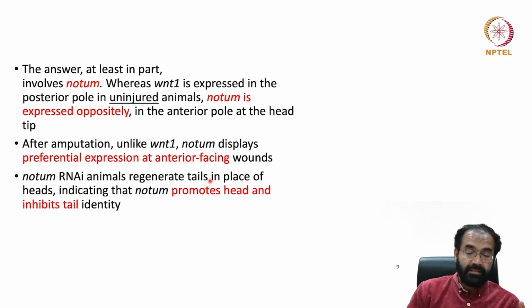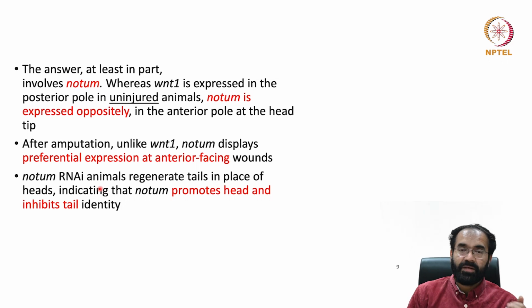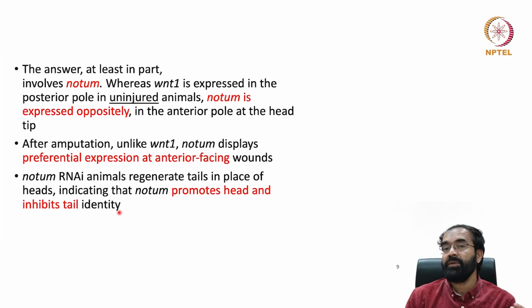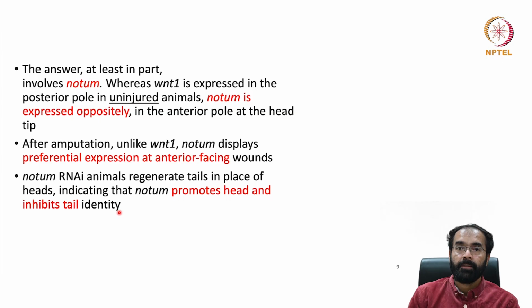And with Notum RNAi, if you get rid of Notum, animals regenerate tails in place of heads. That means Wnt is activated, wherever there is a wound. It is waiting for Wnt signaling to kickstart. But if Notum is not there to antagonize it, you end up getting a default tail in the place of a head, because for a head to form, you don't want Wnt signaling.